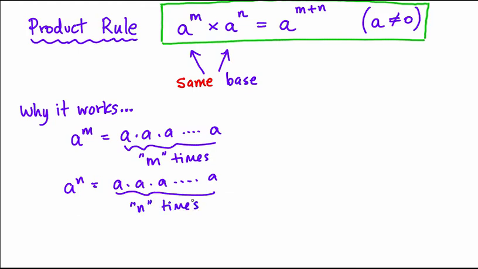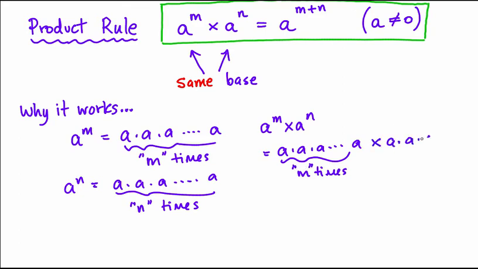Well, if you multiply a to the m times a to the n, what you're really saying is a times a times a m times is then multiplied by a times a times a times a n times. And since the bases are all the same, if I just gave you that original thing, you'd say, well, there's a, and then there's more a's, and you'd have a total of, if this was 6 and this was 4, you'd have a total of 10. So it's just add up those two exponents.